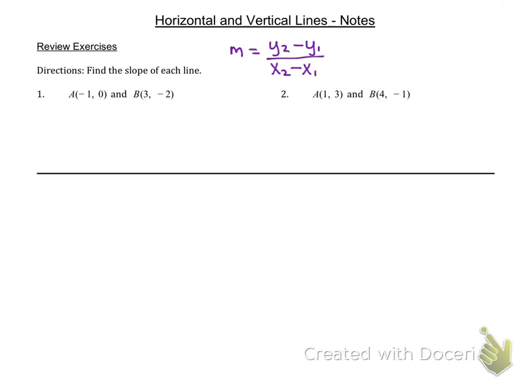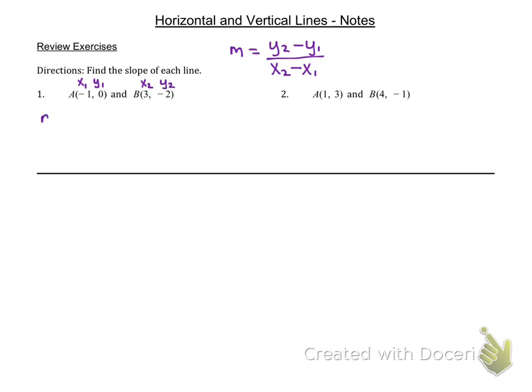The directions say find the slope of each line. So I wrote the slope formula for you guys. It's y2 minus y1 over x2 minus x1. So for number 1, I'm going to label my x1, y1, x2, y2.